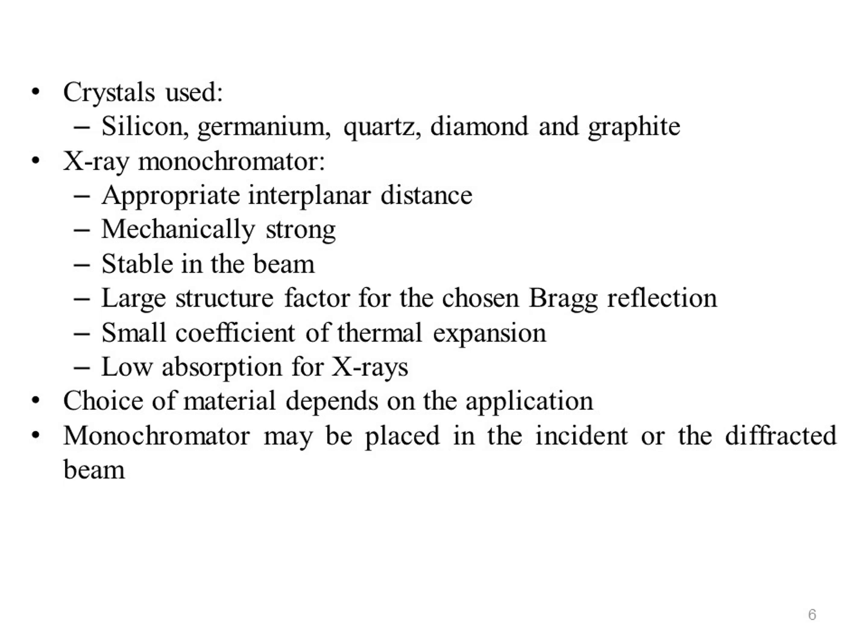In the laboratory, a monochromator may be placed in the incident or the diffracted beam. Pre-sample monochromators such as quartz or silicon 111 are highly discriminating and can separate copper K alpha 1 radiation from K alpha 2 radiation, though at the expense of overall intensity.